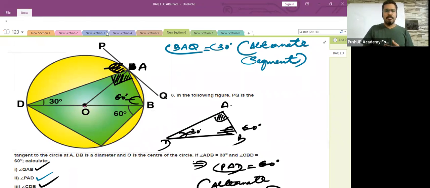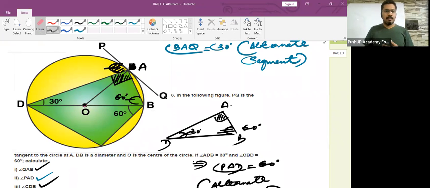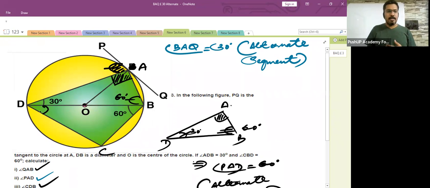Yeah, down. You have to find this angle. Perfect. Very good. Did you all get the answer as 30 degrees? Good job. So we'll move on to the next sum.